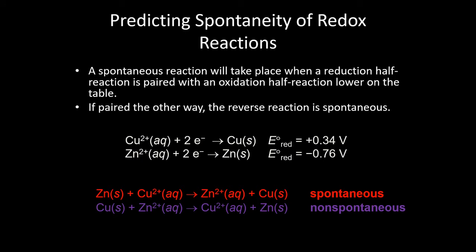All right. So, a spontaneous reaction, if we're going to start comparing these half reactions, we just want to pick two and see if we can make a reaction that works. A spontaneous reaction is going to take place when a reduction half reaction, so again, the reduction would be the cathode, the consonants go together, vowels go together, when the cathode half reaction, the reduction half reaction, is paired with an oxidation half reaction, which is the anode, that is lower on the table.